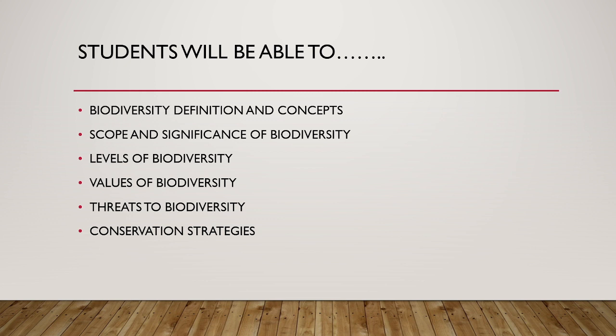After that, we have studied the different threats to biodiversity about habitat loss, poaching, and man-wildlife conflict. And in the end, we have studied the different conservation strategies of biodiversity, such as in situ conservation and ex situ conservation.